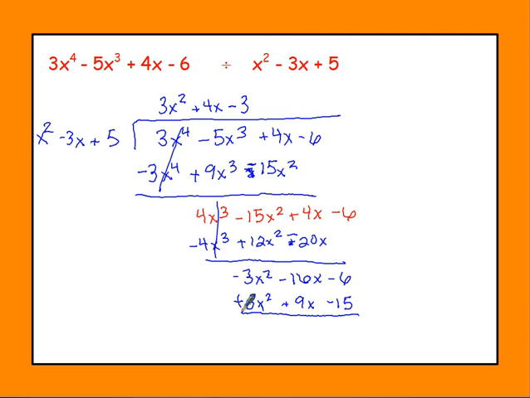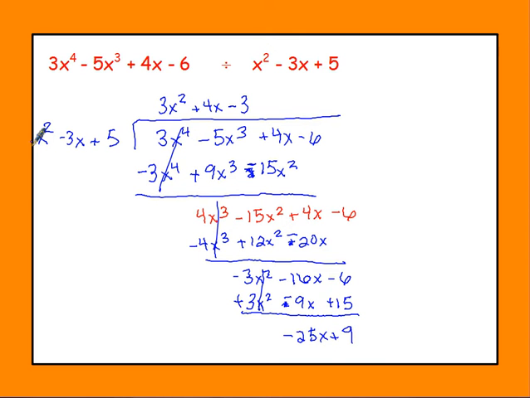This negative becomes positive. This positive becomes negative. This negative becomes positive. Those will cancel. All right, so the negative 3x squareds cancel. I have a negative 16x and a negative 9x. That gives me a negative 25x. And then I have a negative 6 and a positive 15. That would give me a positive 9.